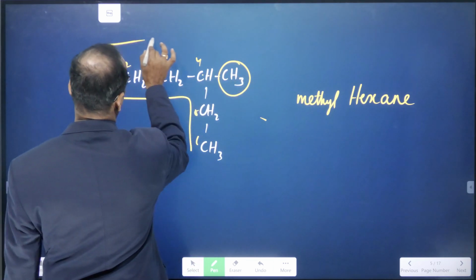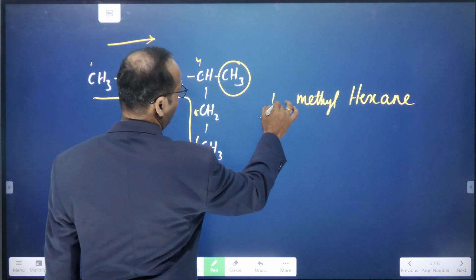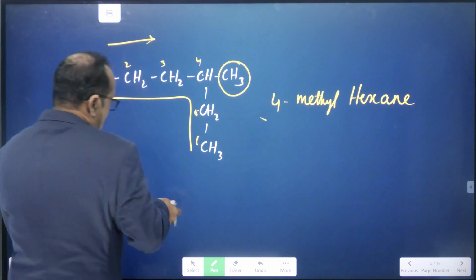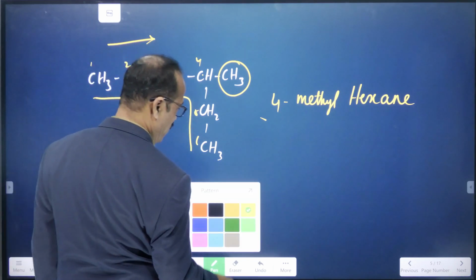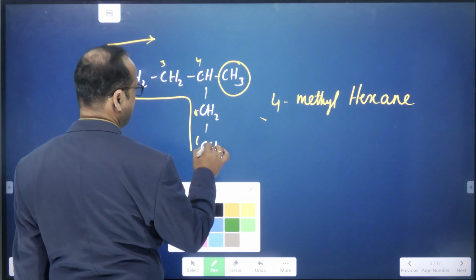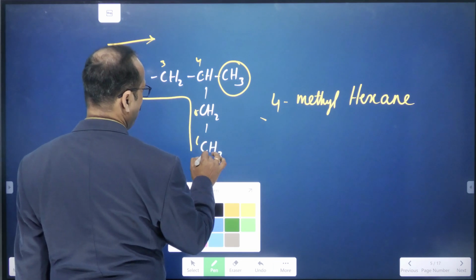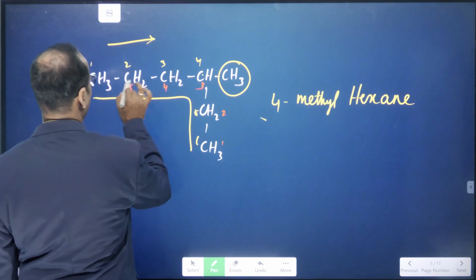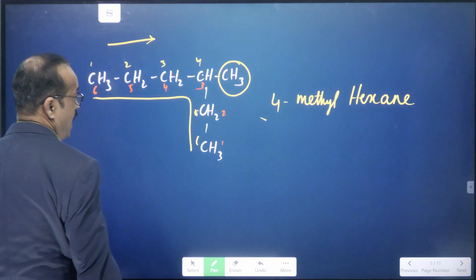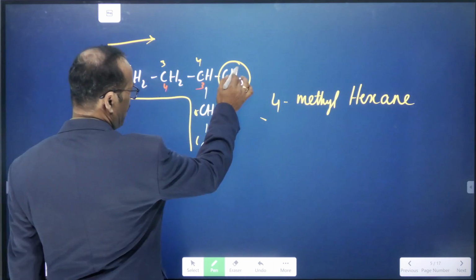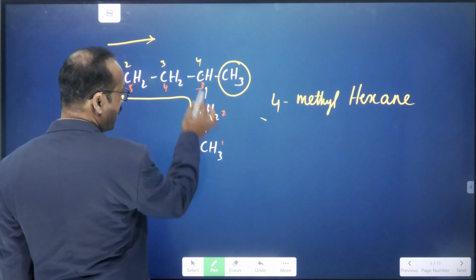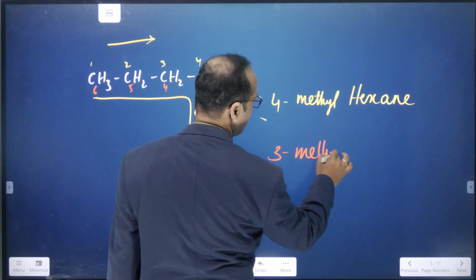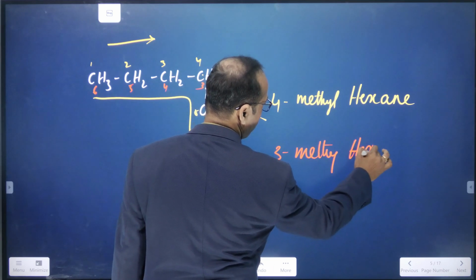If I go in the other direction, the red one, first carbon, second, third, fourth, fifth, sixth, now this methyl is attached to the third carbon. So this becomes 3-methylhexane.